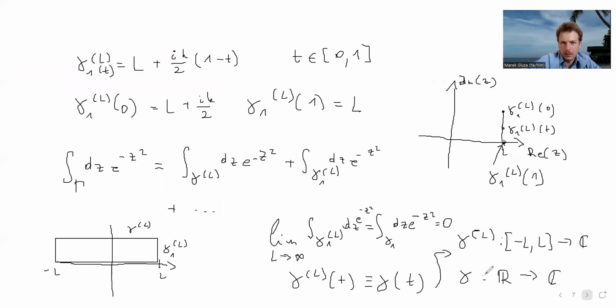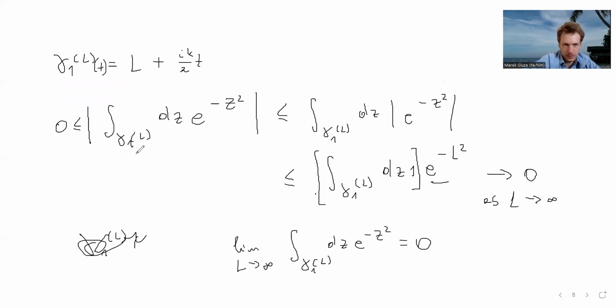And then we need to make sure that we can show that the limit of this contour going towards the infinite contour, those sideways pieces, the slopes here, contribute 0 to the integral because it's infinitely suppressed. It's infinitely suppressed because we can consider gamma 1 restricted to L, and then the absolute value is just e to minus L squared. Okay.